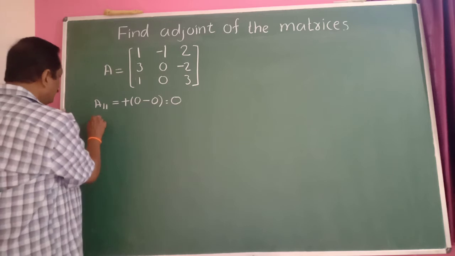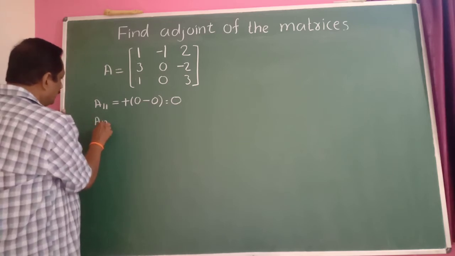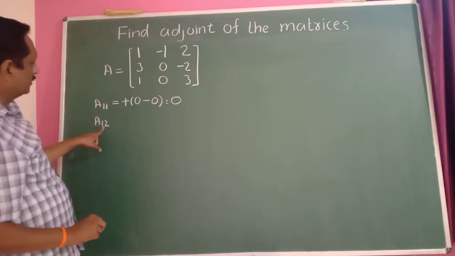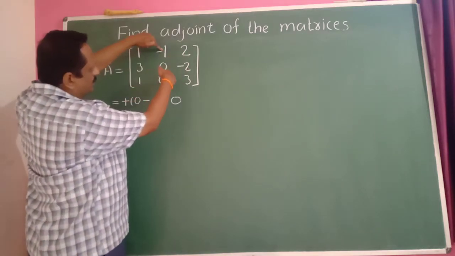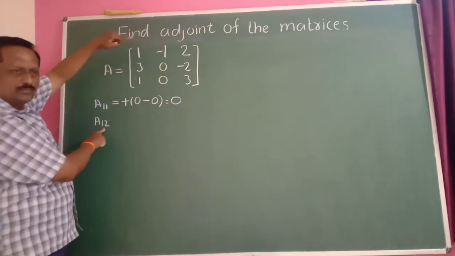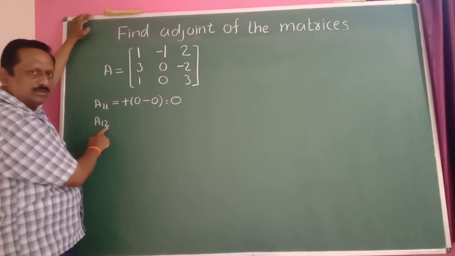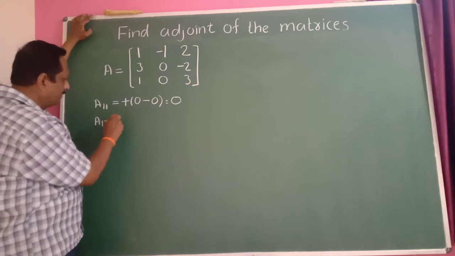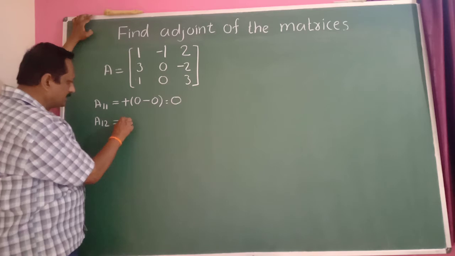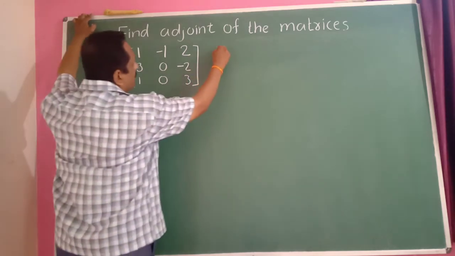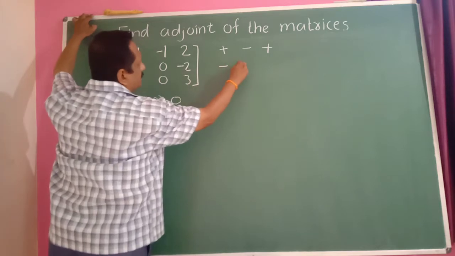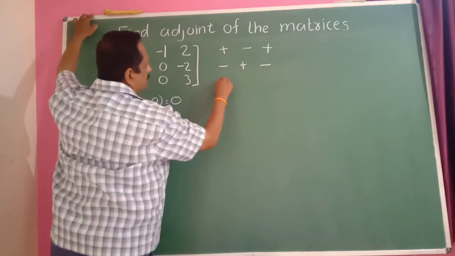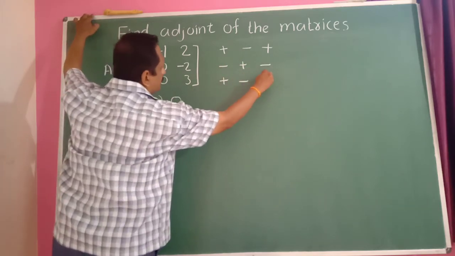Then A12. A12 means cofactor of this element here. This is in the first row, second column here. So A12: 1 plus 2, 3, odd number. So write here minus sign. Even you can remember this one also: plus, minus, plus, minus, plus, minus, plus, minus, plus here.